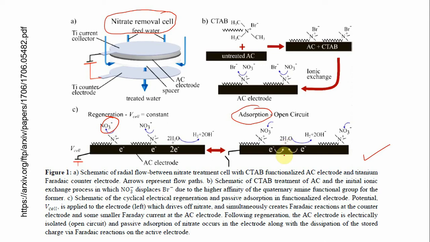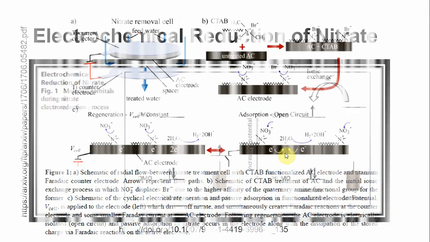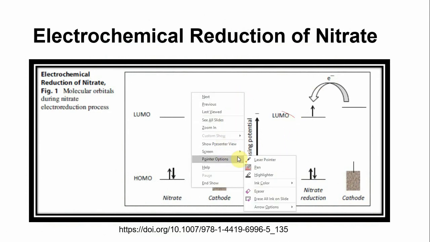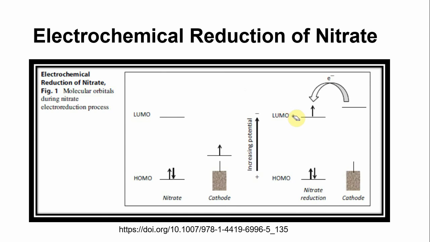Anyway, if we move forward, what we see is what is happening to nitrate. The reduction of nitrate is taking place, and we can see that this is the HOMO of nitrate and this is the cathode.